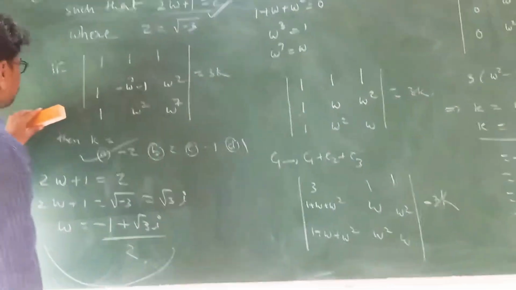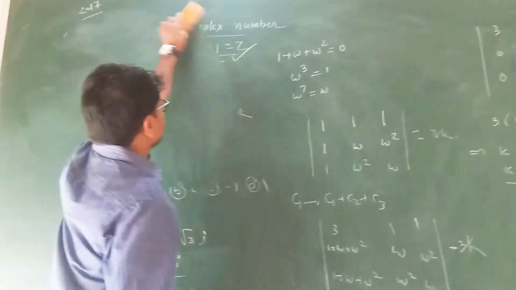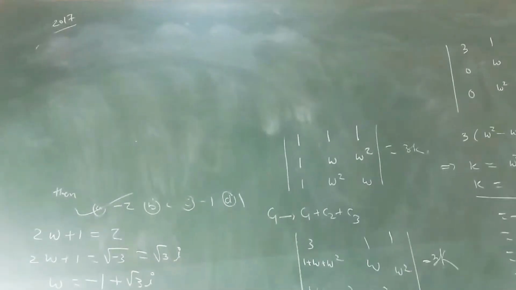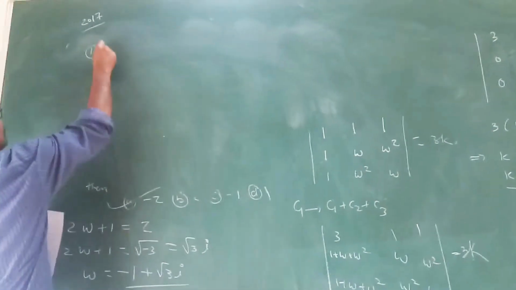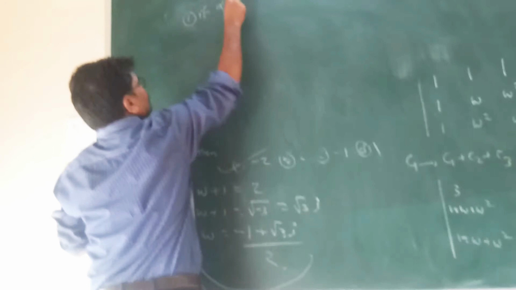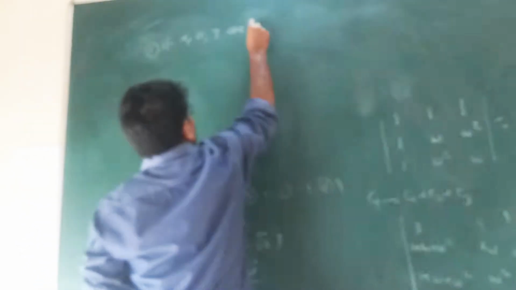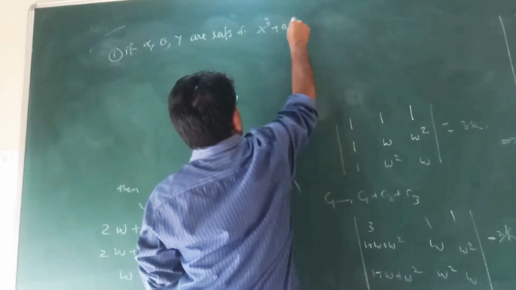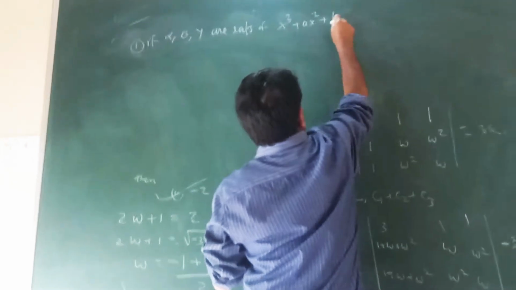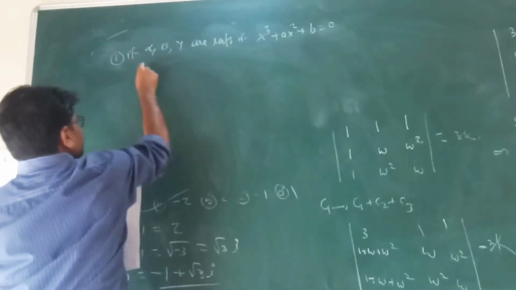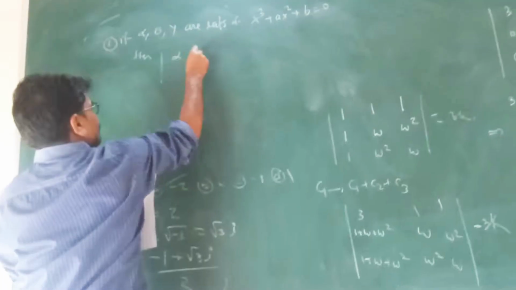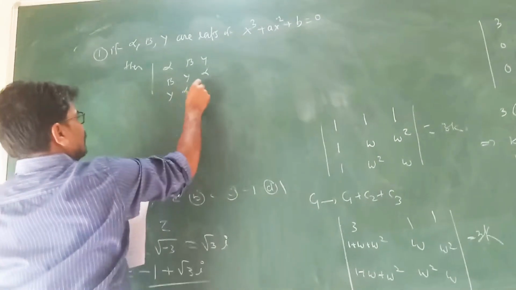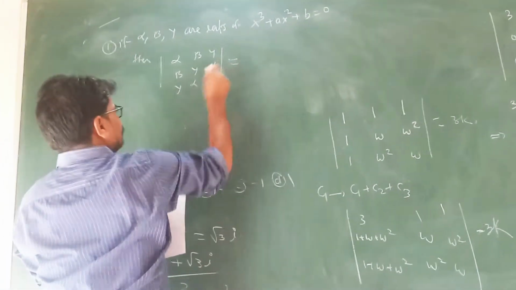This is again a very interesting problem. Okay, if alpha, beta, gamma are roots of x cube plus ax square plus b equal to 0, then the determinant alpha, beta, gamma, alpha, gamma, alpha, beta is equal to what?